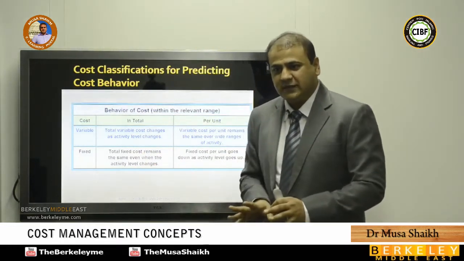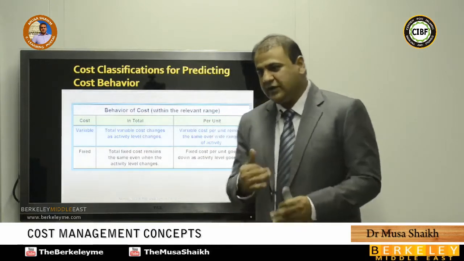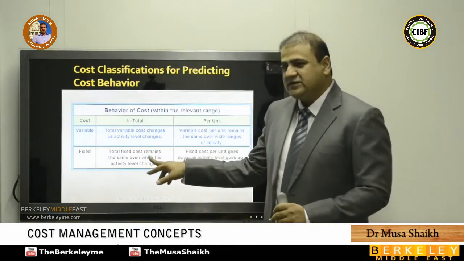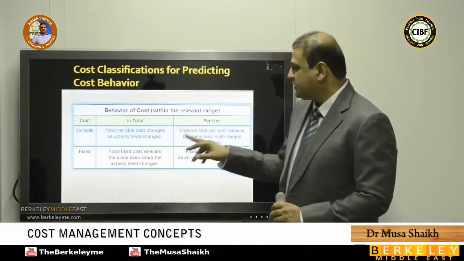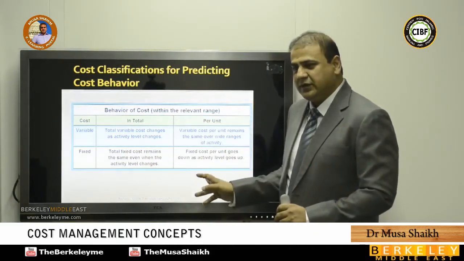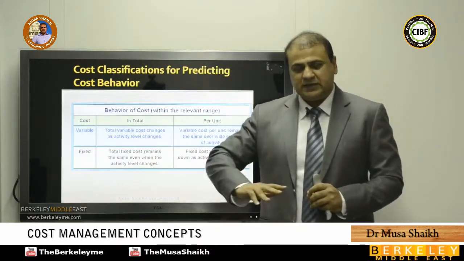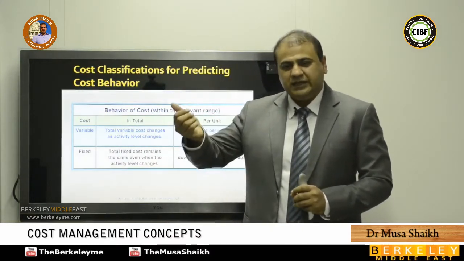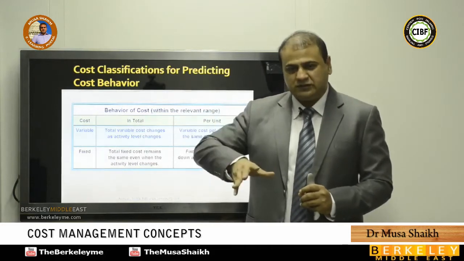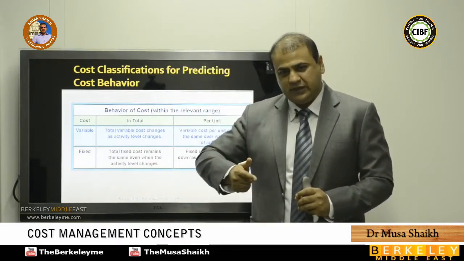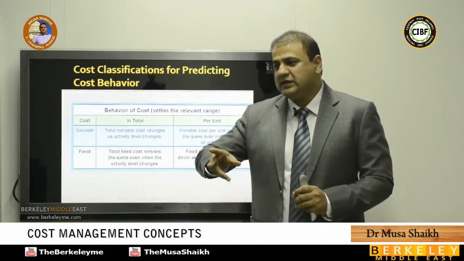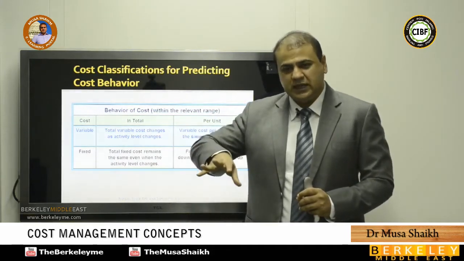This is clear, right? Now I will build up more into fixed cost per unit. What is fixed cost per unit? Suppose this room, I will take this example, this room rent is, for example, 10,000 per day, and we are sitting, say, 10 students inside.